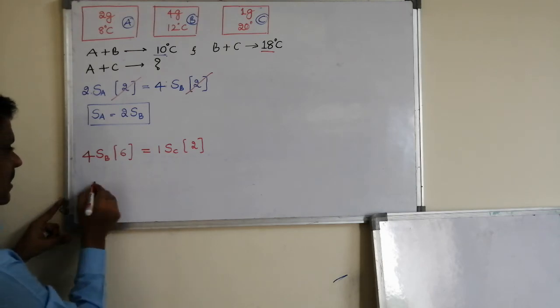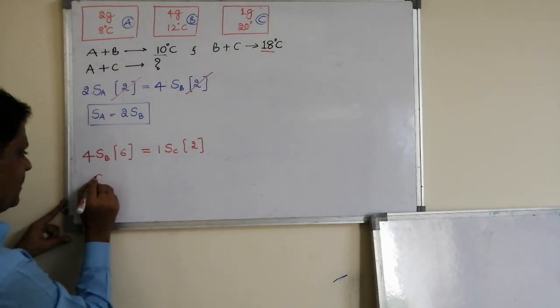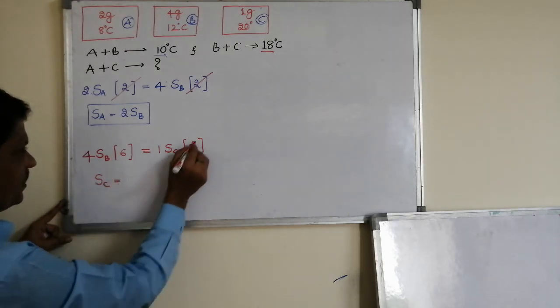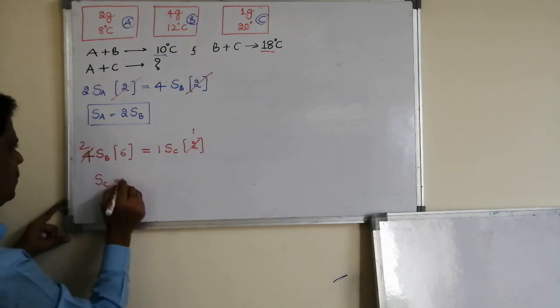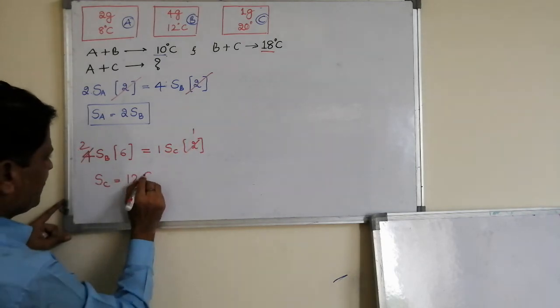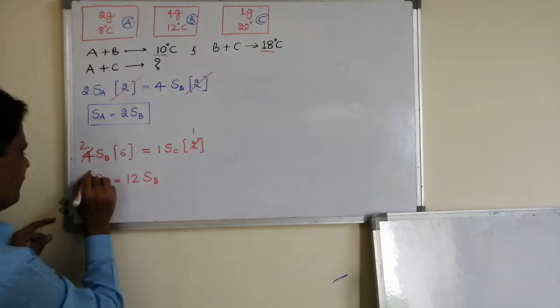After simplification, I think specific heat of C is equal to 12 into specific heat of B.